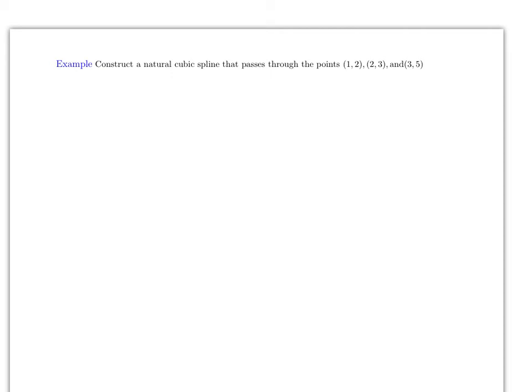Alright, the question says this: construct a natural cubic spline that passes through the given points. Remember that natural means the second derivative of S evaluated at x0 has to equal the second derivative evaluated at the other endpoint, and not only that, it has to equal 0.